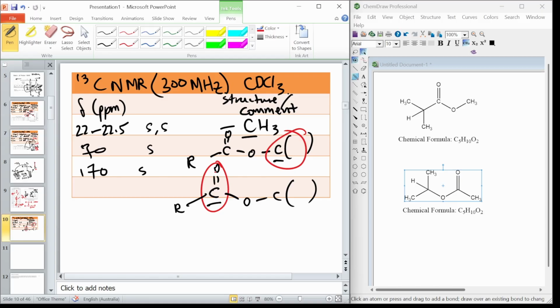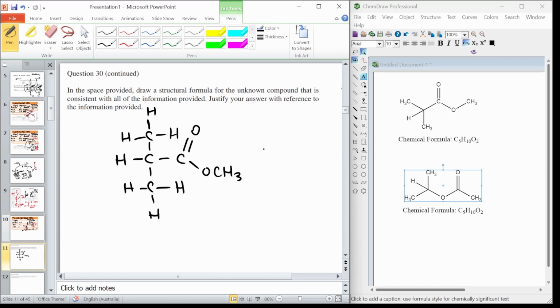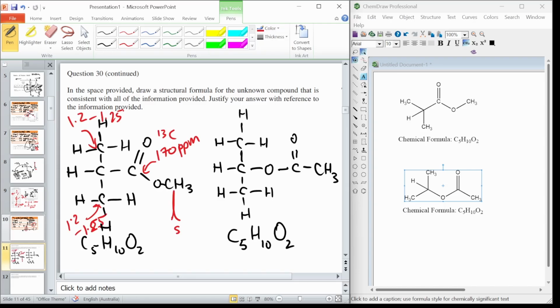Now when you piece together the entire thing, you're going to culminate all that information. The first thing is to start off with the carbon-carbon backbone. 1, 2, 3, 4. This is hydrogen. You can also have this version. As you can see on the ChemDraw diagram, I have two structures there, and they're both C5H10O2. The question is, which one is it? This is the singlet. These two are from protons, which is a 6 hydrogen integration. And then this one is a septet and 1 hydrogen.